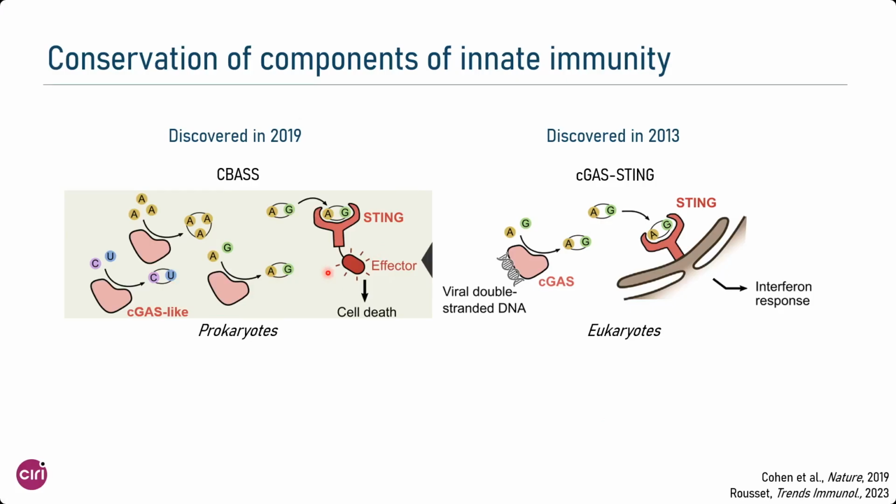And so this was the first evidence that an immune pathway could actually be conserved between prokaryotes and eukaryotes. And if you look at the phylogeny of cGAS or the phylogeny of STING, it becomes very clear that cGAS-STING was actually invented by bacteria as a defense mechanism against phages and was later on transmitted to other organisms over the course of evolution. And actually, this was just the first example, because in the past few years, we have seen the multiplication of these kinds of cases.